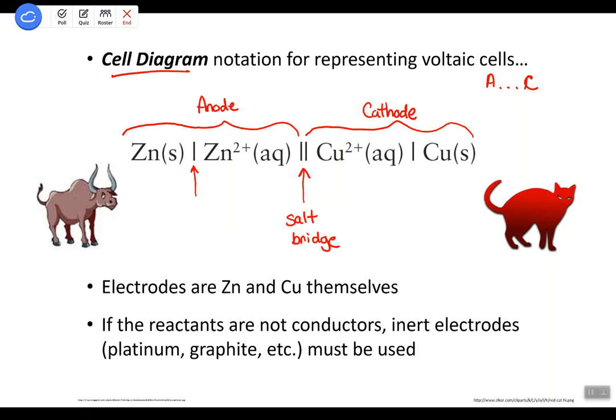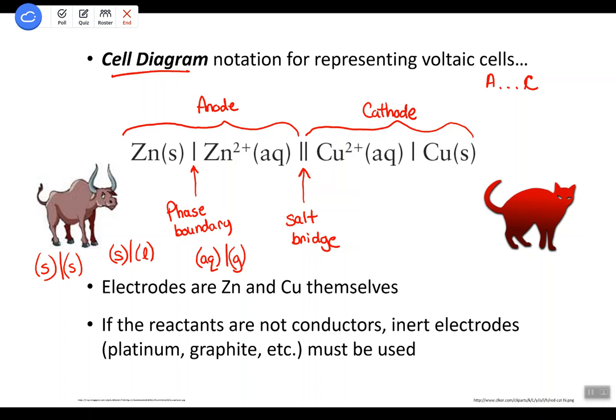We also have these single straight lines showing a phase boundary. This is where we would show the difference between a solid and a liquid, or an aqueous and a gas, or even 2 different solids.